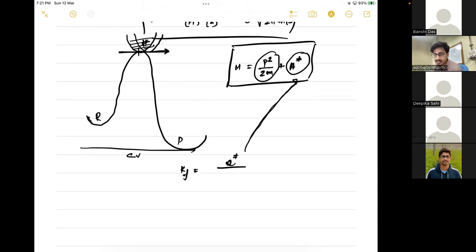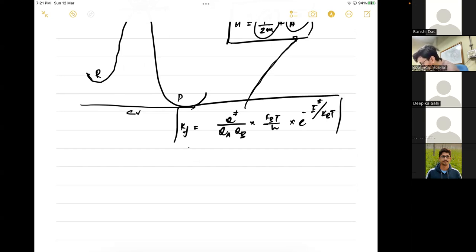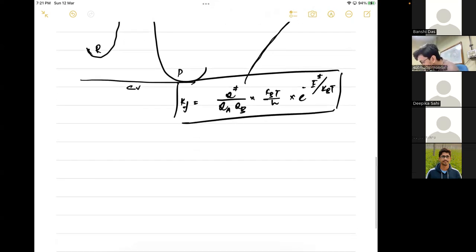From statistical mechanics using partition functions, you can get this expression: Q double dagger divided by QA QB, times kBT divided by h, times e to the power minus E double dagger divided by kBT. So this is the expression you get from the Eyring derivation, Eyring's theory. h is the Planck constant.